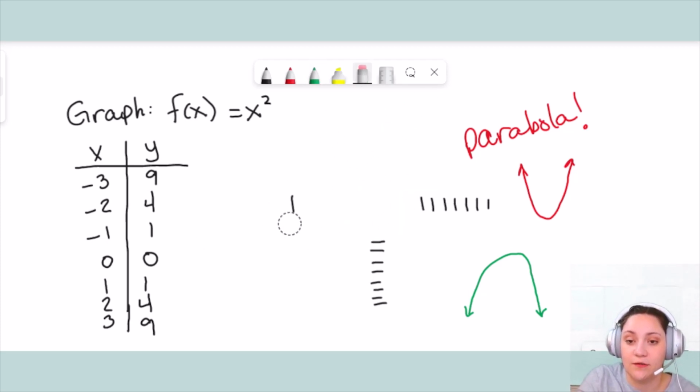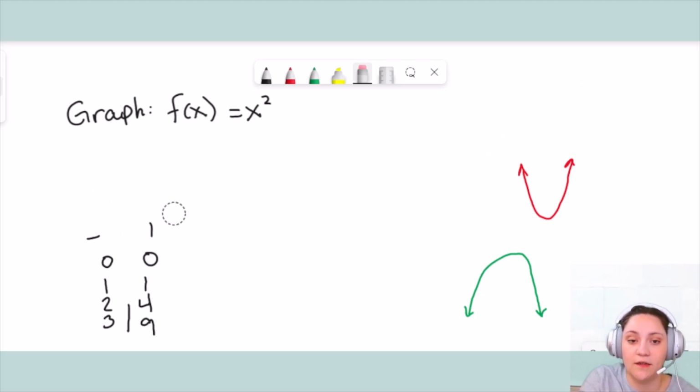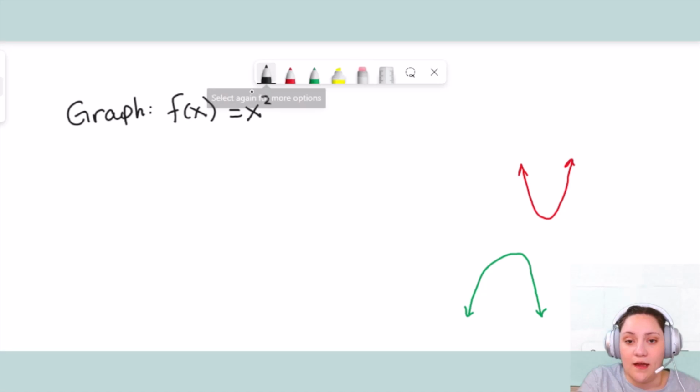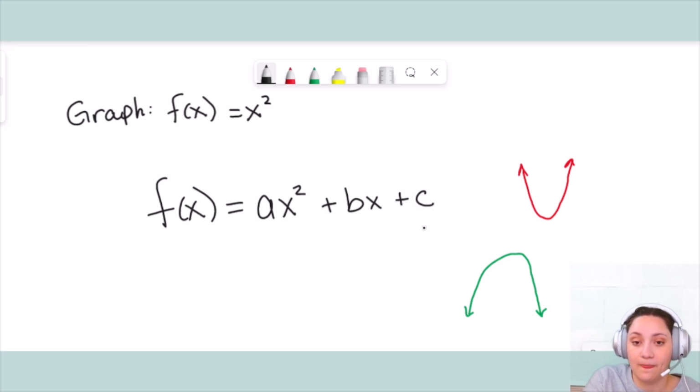So I'm actually going to erase some of this so that we can take a look at, again, the general form, the standard form of the quadratic function. So a times x squared plus b times x plus c. If a, this a here, if it's greater than 0, it's positive, in other words.